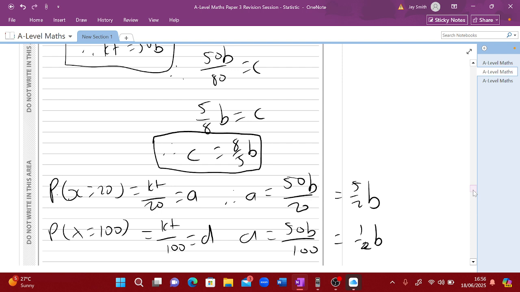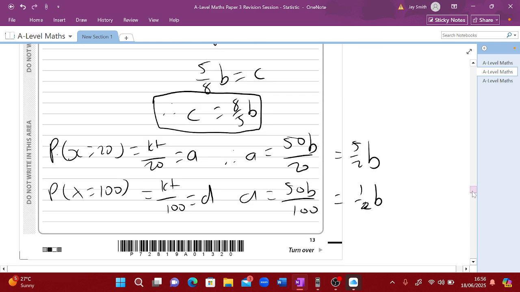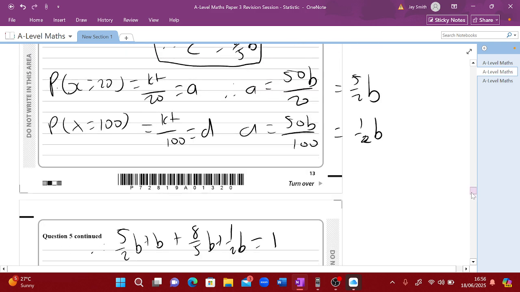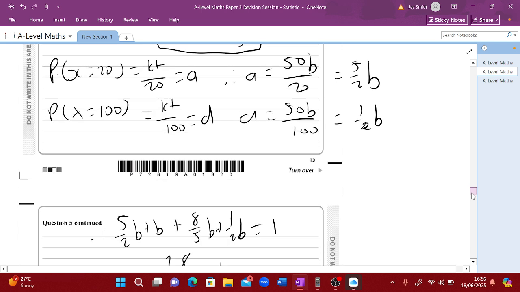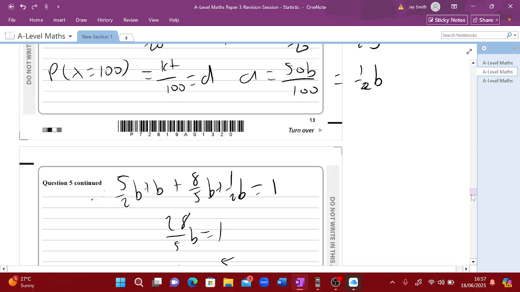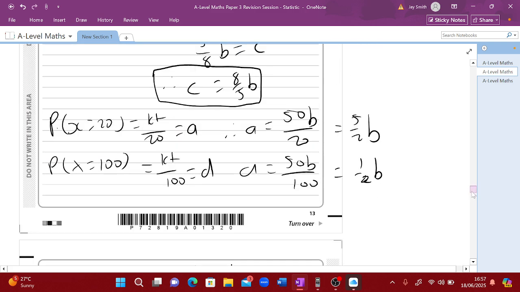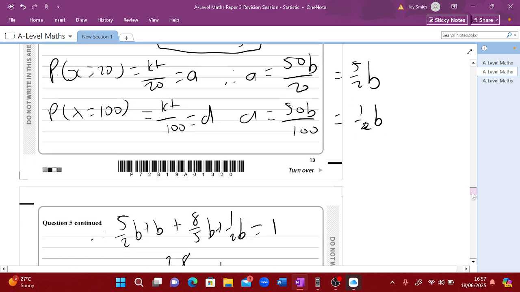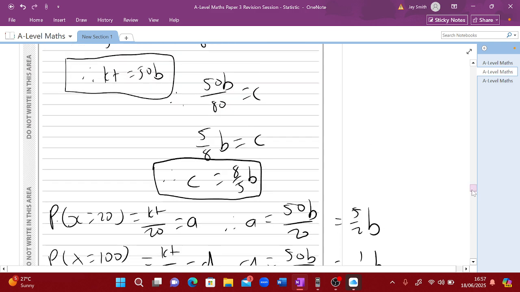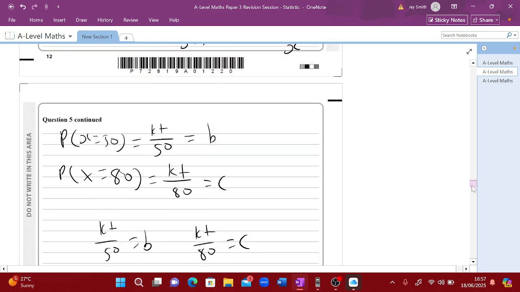I copied something down wrong again, oh my god. So 5 over 2b, add b, add 8 over 5b, add a half.